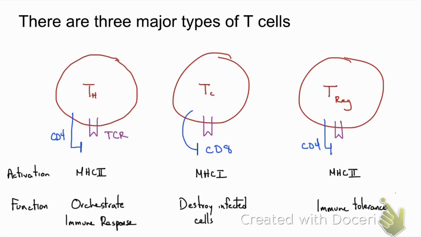We also know that cytotoxic T cells destroy infected cells, and finally, we've begun to understand more and more how T regulatory cells are involved in what we call immune tolerance. Immune tolerance is in essence the ability to control the immune system from responding to the host. In other words, T regulatory cells have a very important role in preventing autoimmune diseases.